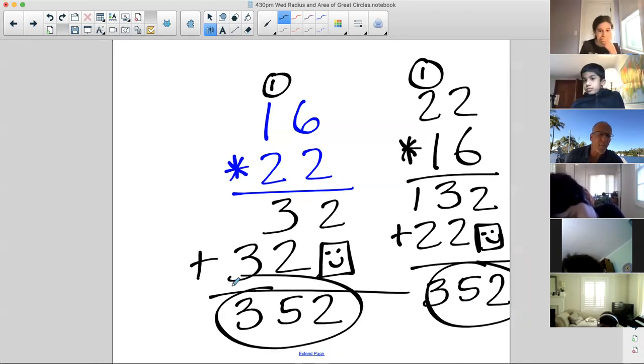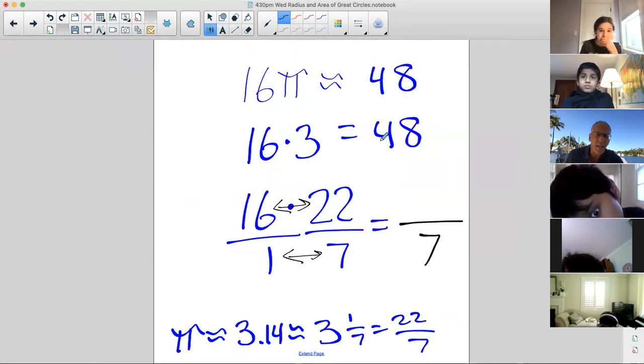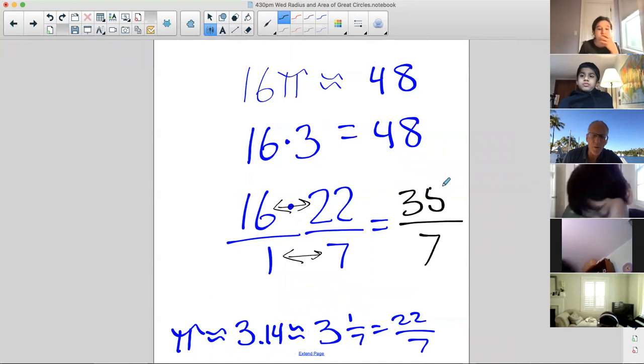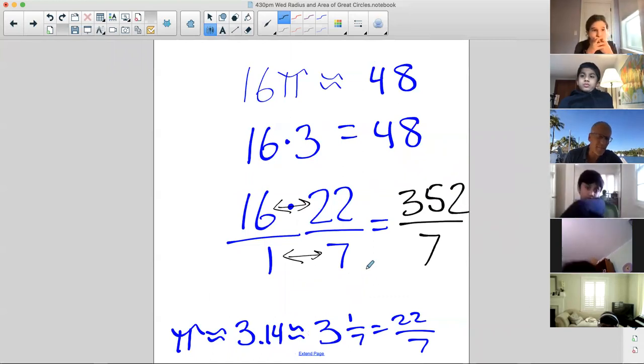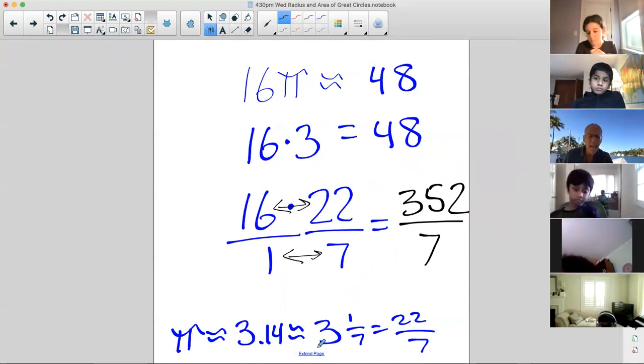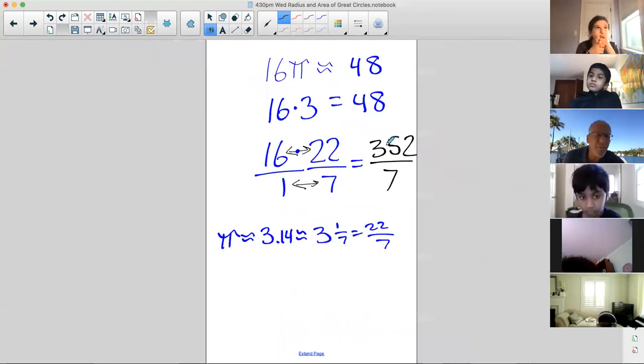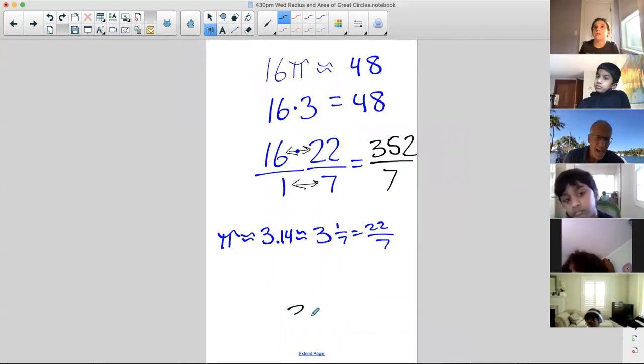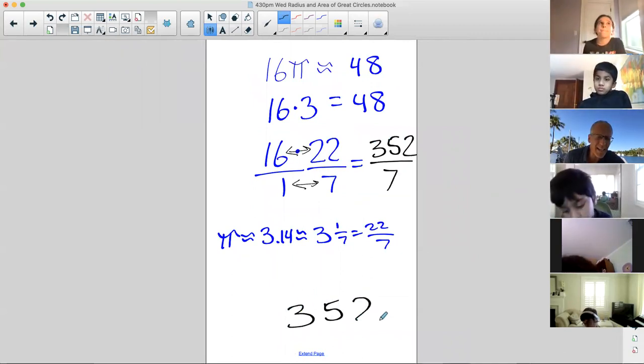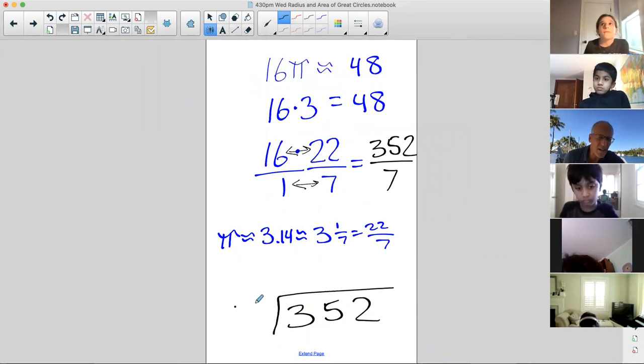Now, everybody, we were very, very successful in multiplying 16 times 22. The next thing we need to be successful at is dividing 352 by 7. And it's a lot easier than it looks because, everybody, 7 goes into 35 how many times?